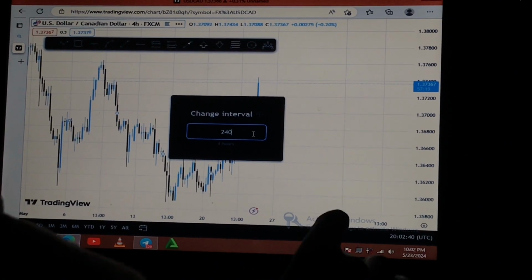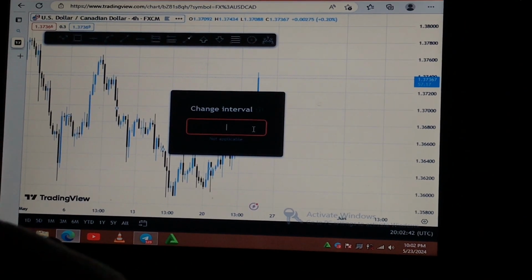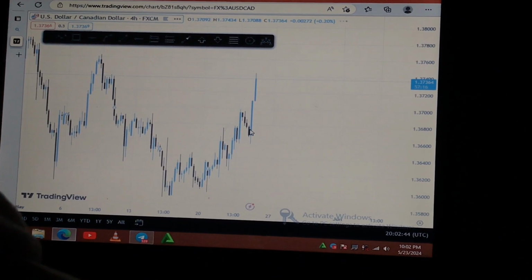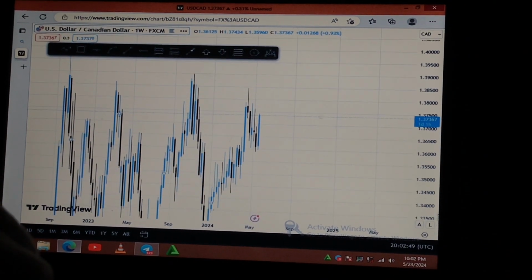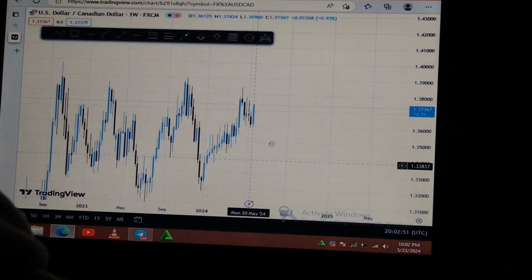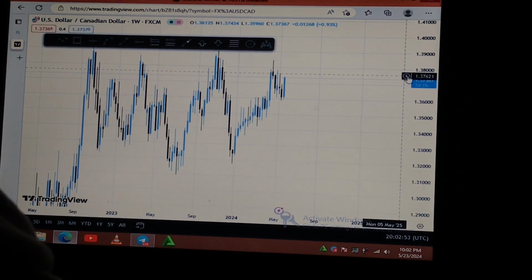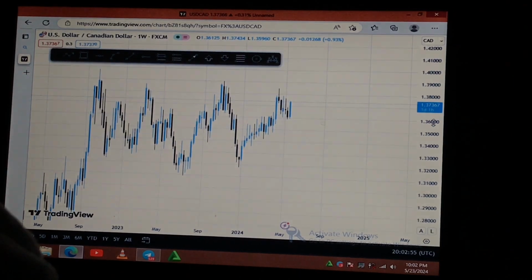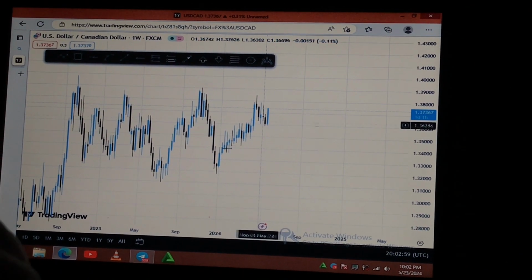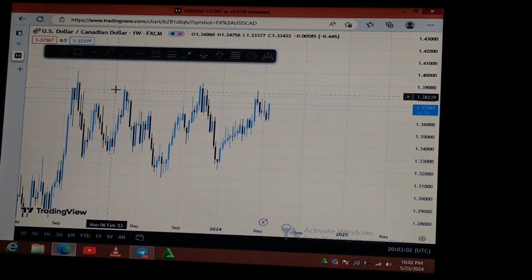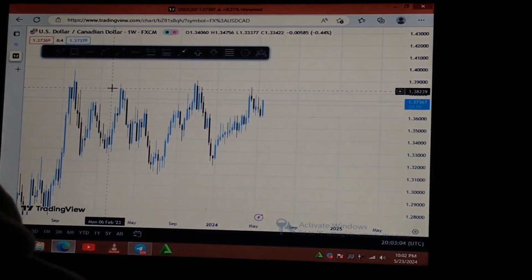So first things first, you want to go to your weekly time frame. Okay, first thing you're gonna do, you're gonna identify where the market touched and then reversed.